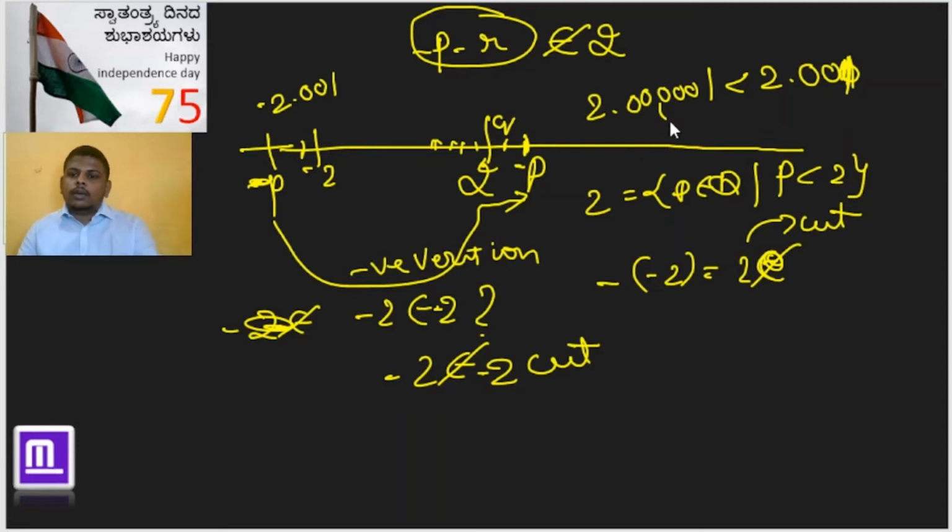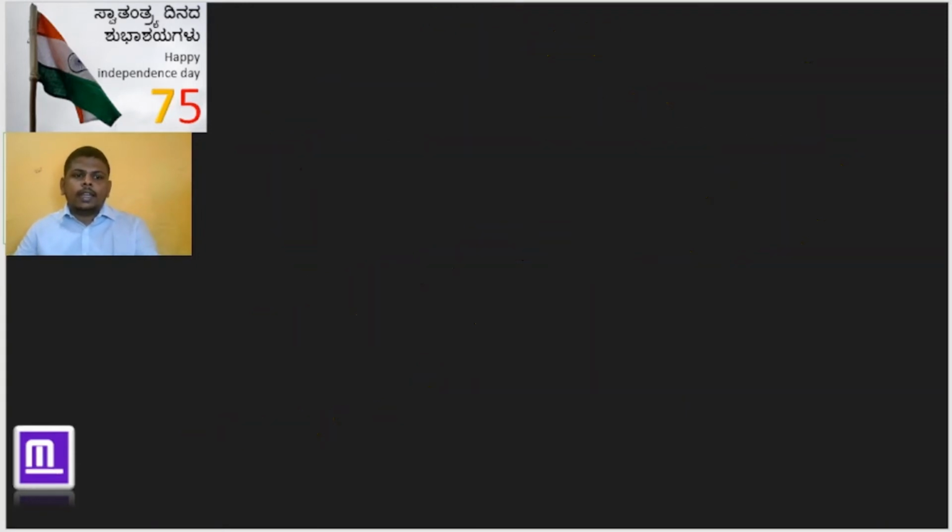Though this number does not belong to 2. Why? This is not a rational number less than 2. This is a rational number greater than 2. So minus 2.001 belongs to minus 2. So now we can define what is a negative of a rational number, a negative of a real number.